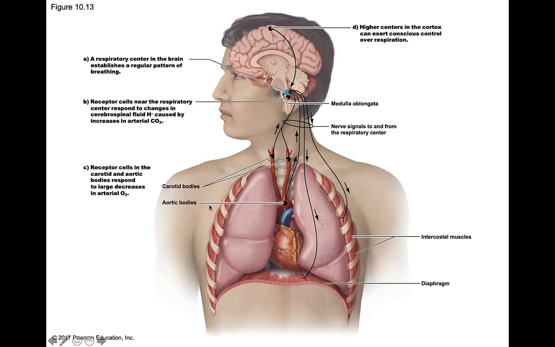If we look at the aortic bodies and the carotid bodies, these are the receptors primarily for oxygen. Once again, remember, oxygen levels have to drop pretty significantly before they impact ventilation. The primary drive for ventilation is an increase in CO2, and that's due to the impact it has by increasing hydrogen ion, or decreasing pH.